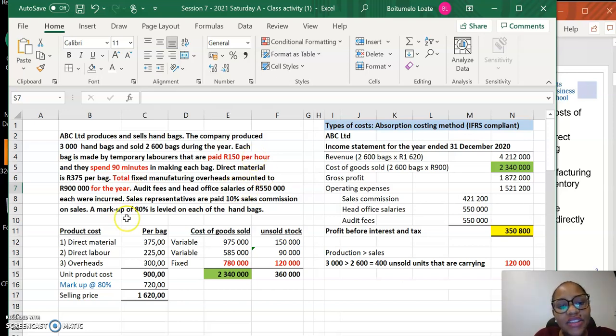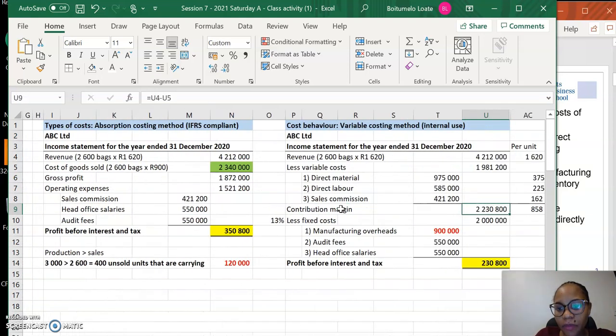In that instance, your sales commission can be classified as variable. So instead of putting it under the operating or period costs, you'll notice that here, unlike in absorption costing, we put our sales commission as part of the variable costs of that same 421,200, and we get to a contribution margin of 2,230,800.